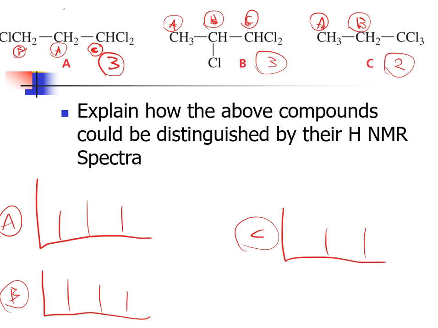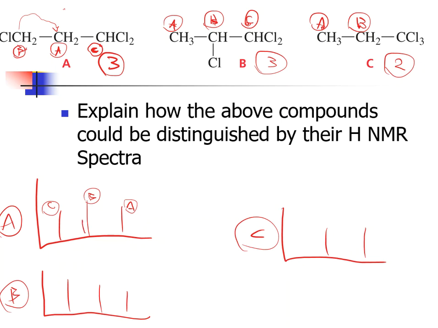So if I take a look at A, this is going to be our middle carbon. And then this will be the carbon that's on just the left-hand side, and this will be the carbon on the right-hand side. And we can talk about splitting here, right? So if I look at the splitting, well, it looks like the B one has only one neighbor, and that one neighbor has 2 kids, so 2 plus 1 is 3.